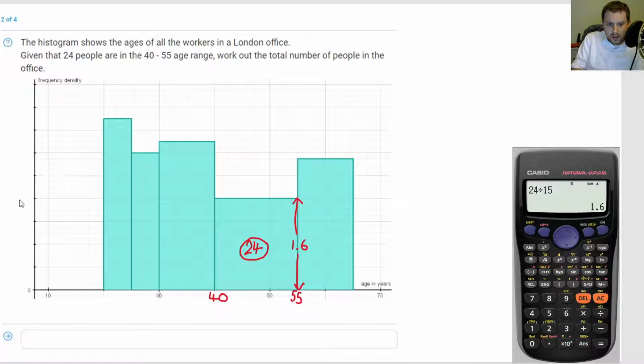So we know that this here is 1.6, which means it looks to me like it must be going up, what, 0.4, 0.8, 1.2, 1.6. It's going up in 0.4s on the main scale. So 0.8 is halfway between 0 and 1.6, and that's halfway, so that's one way you could have spotted that.